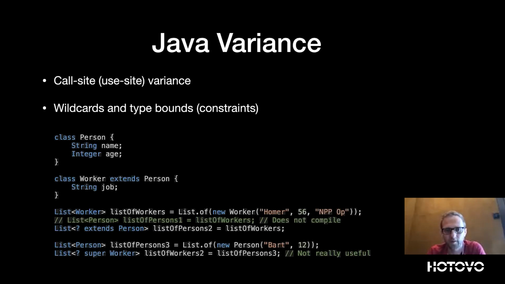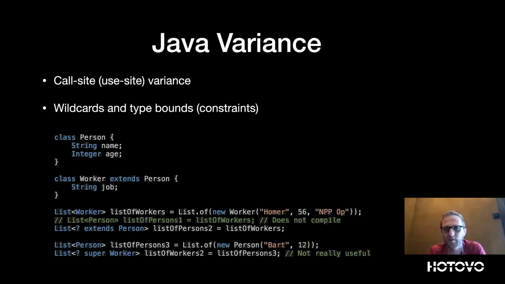Now, the other way around, if we have a list of persons here, we can assign it to a list of something that is a supertype of worker. So this is contravariance.